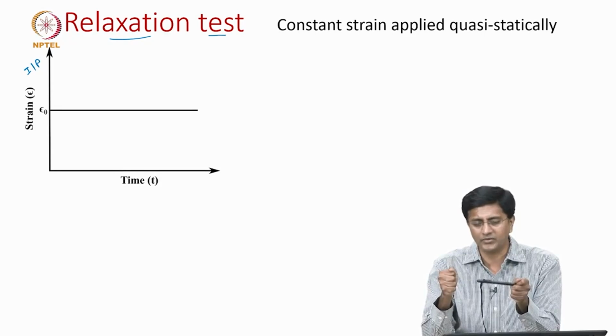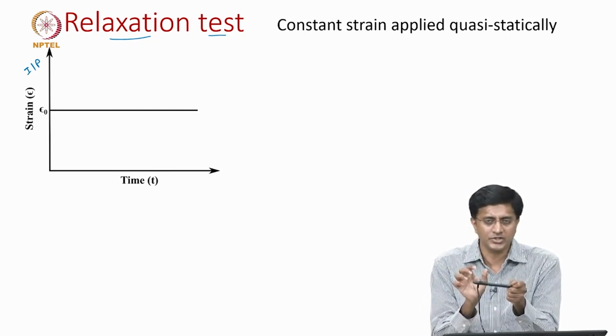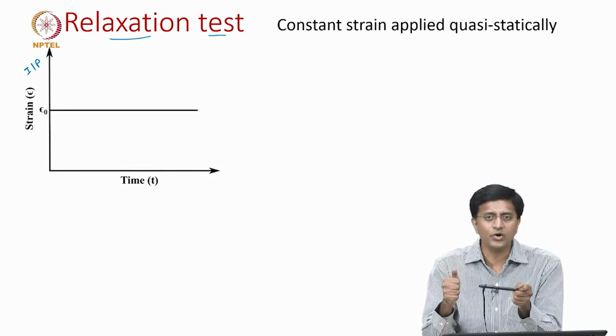What we do after this is measure the stress, because once we stretch it the specimen wants to go back to the original state, but since we are restricting that movement, stresses are produced in this specimen. So, that is what we are measuring.